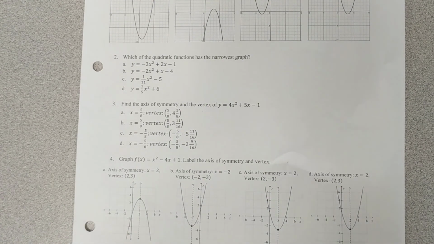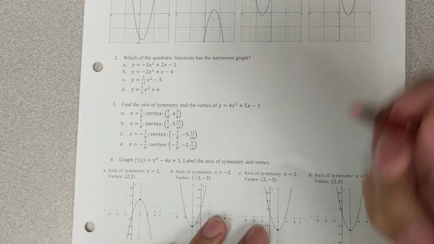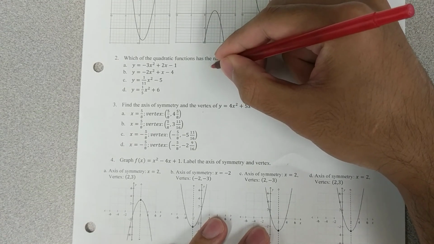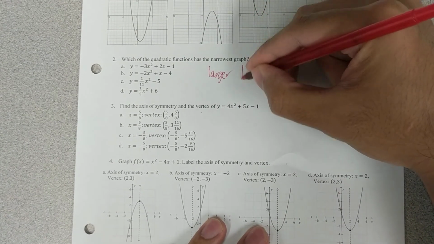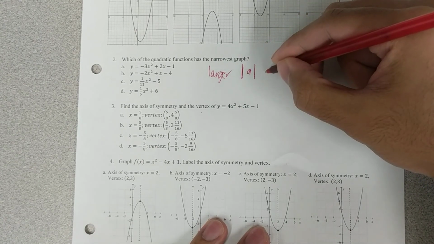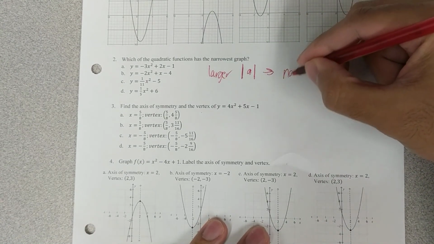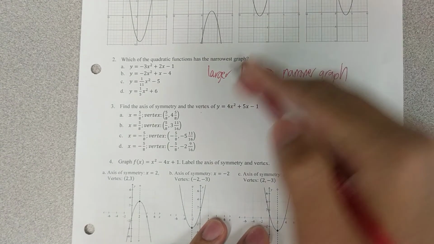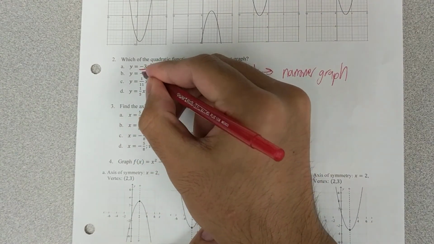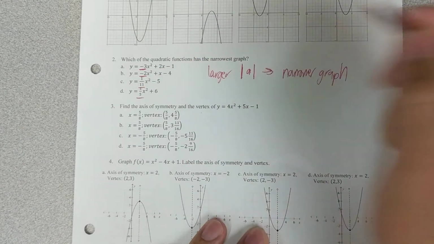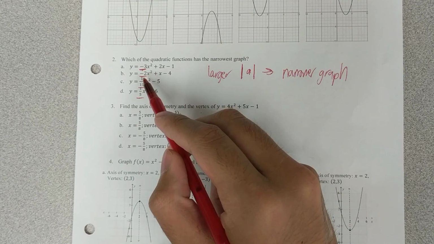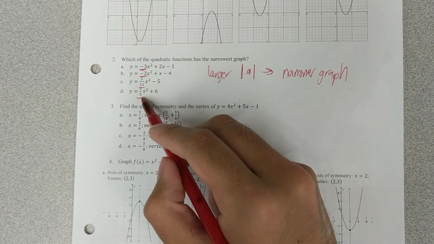Okay, which quadratic function has the narrowest graph? So the larger the absolute value of A means it's a narrower graph. Okay, so I'm looking for which of the choices has the largest absolute value of A. This absolute value is 3, 2, 1/11, 1/5.